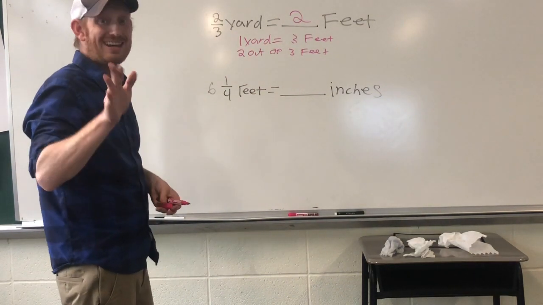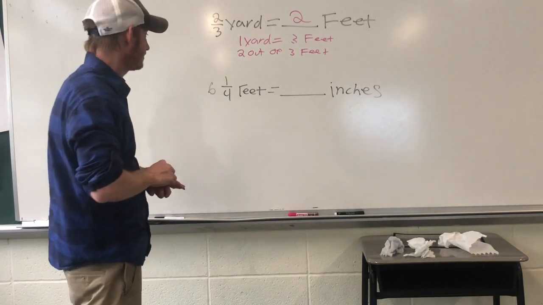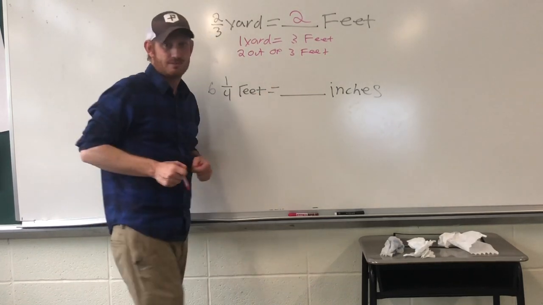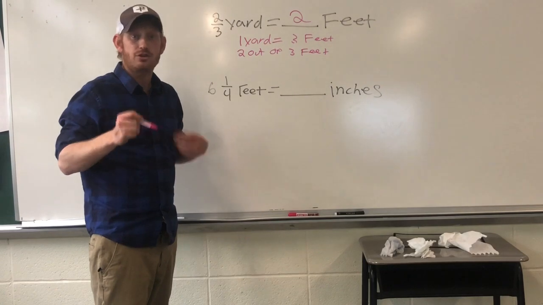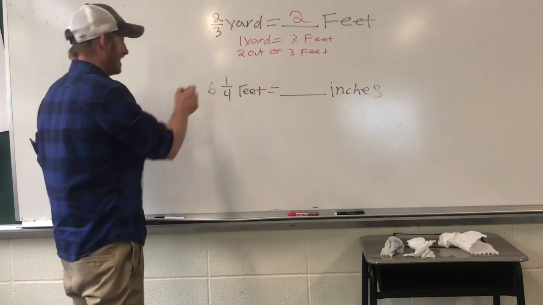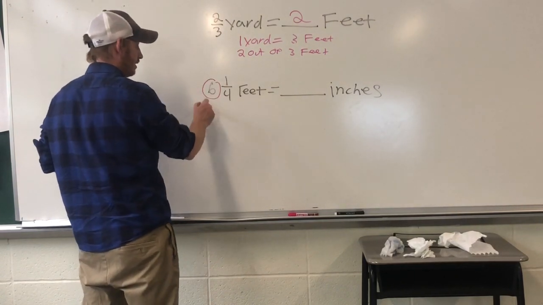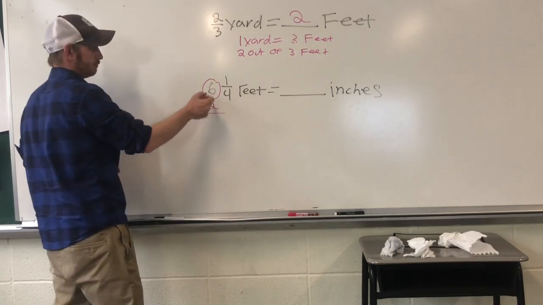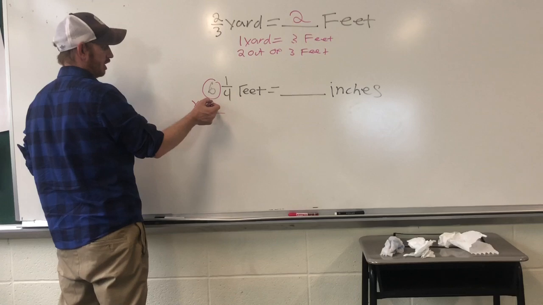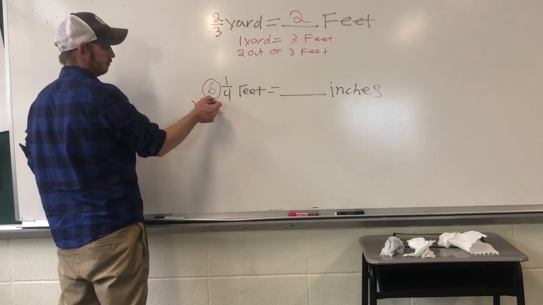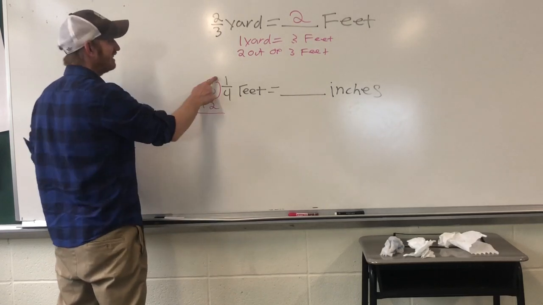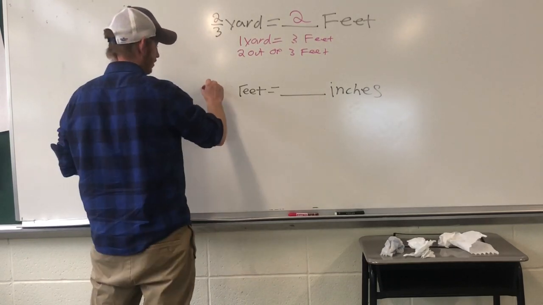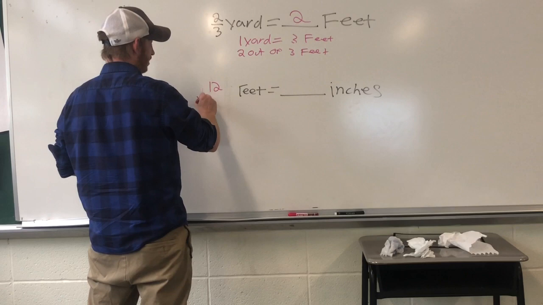Our next problem is a little trickier, and it says 6 1/4 feet into inches. So what do I have to do here? First thing I have to do is take my 6 feet and multiply that by 12. So let's write it a little easier. 12 times 6.